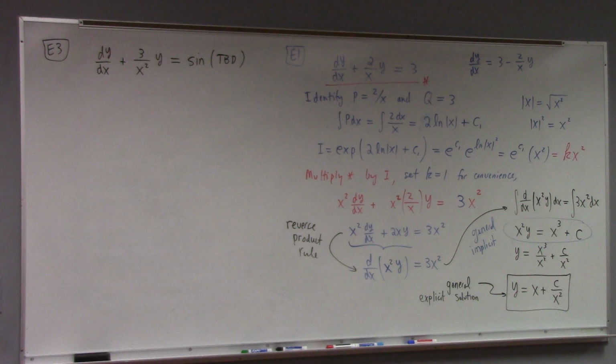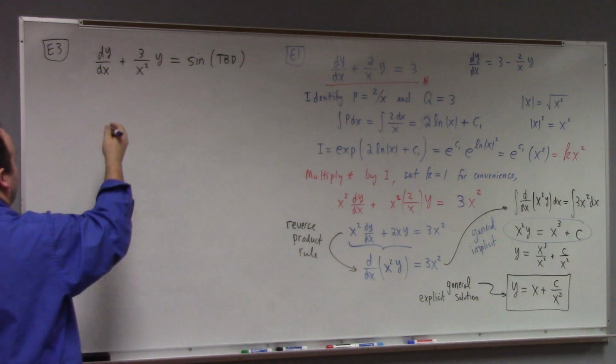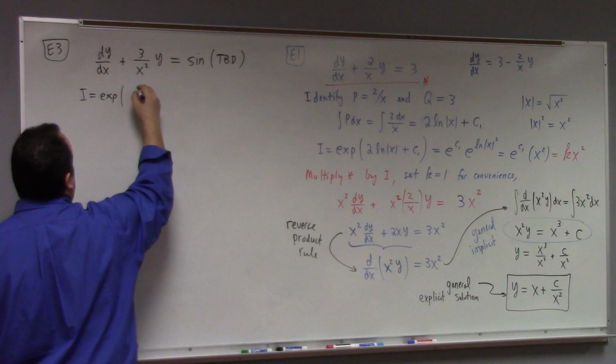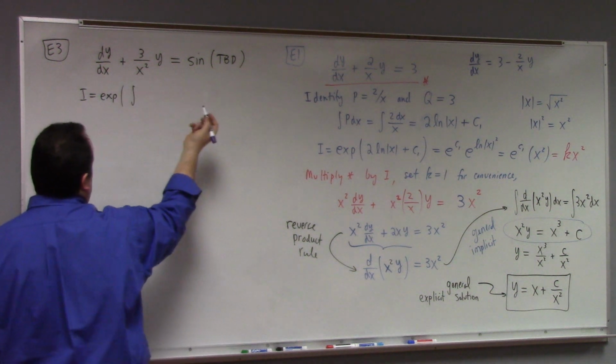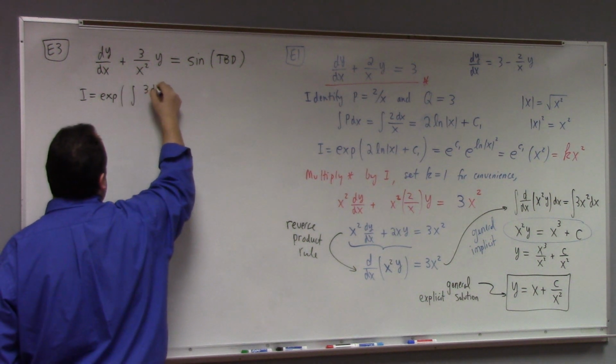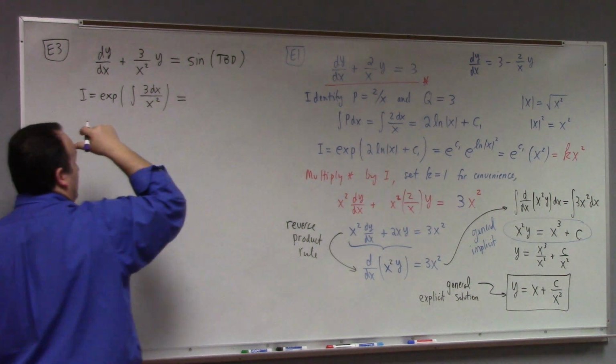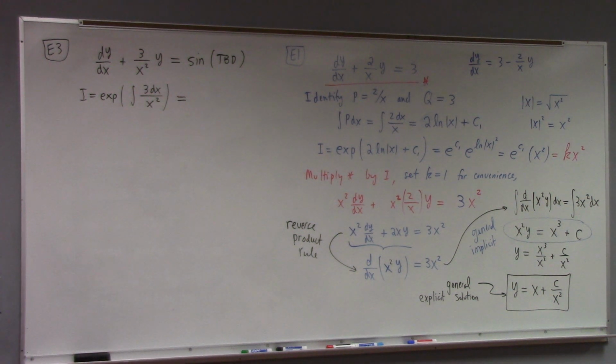First of all, we can't separate variables because we don't even know what the function is on the right-hand side. So that's a problem. But we can find the integrating factor. So here we go, I equals exponential of, and you could do this integral before you write this down, but I'm going to do it like this. What's the integral of 3 over x squared?